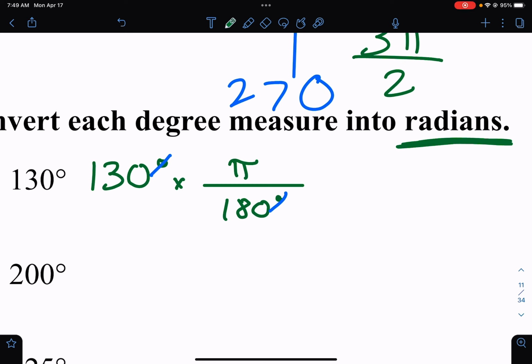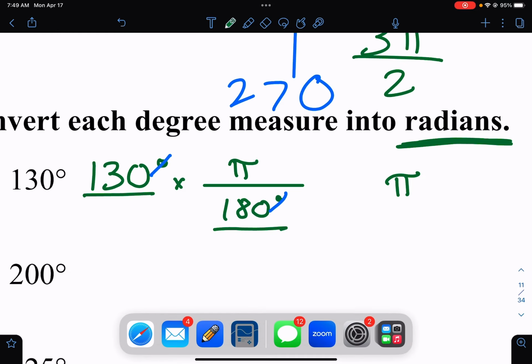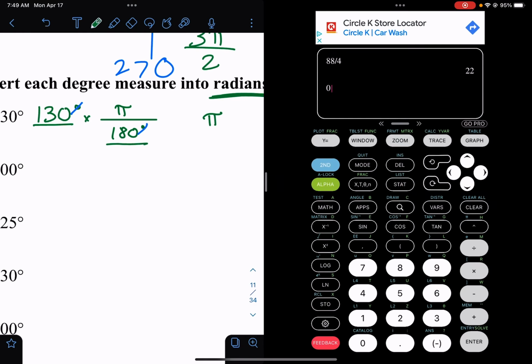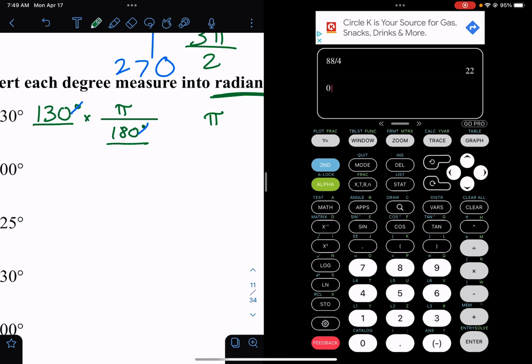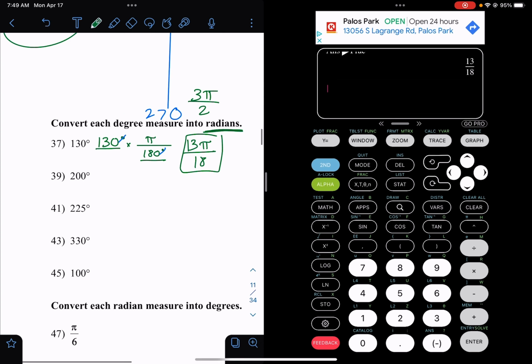So we'll have a pi on top, and essentially 130 divided by 180. You can just go to your calculator. It's going to end up being 13 over 18. If you don't know how to do that in your head, you could do 130 divided by 180, and then math enter. You get 13/18 pi. So the way that you would write this is 13 pi over 18.